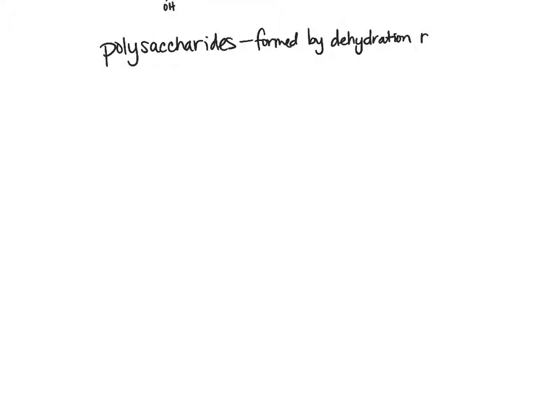Then we have our polysaccharides. So polysaccharides are formed by dehydration reactions between lots of monosaccharides.